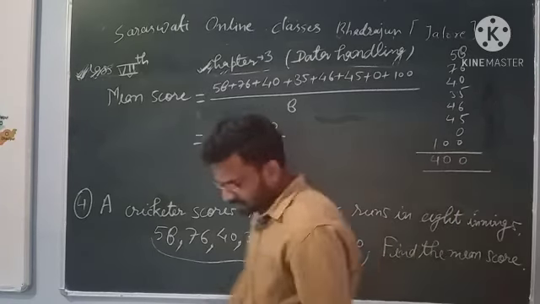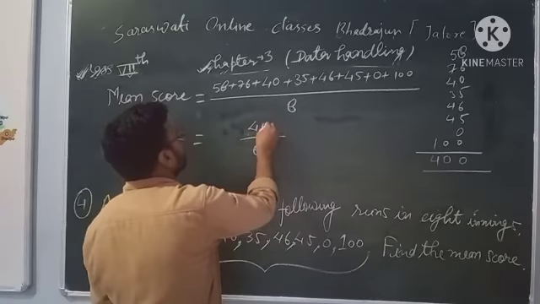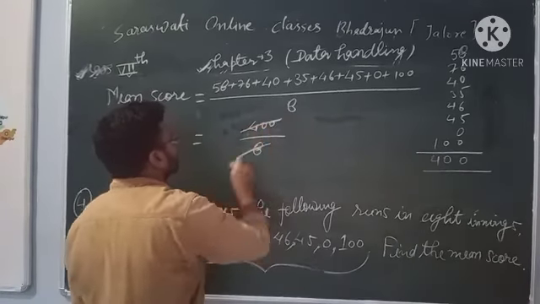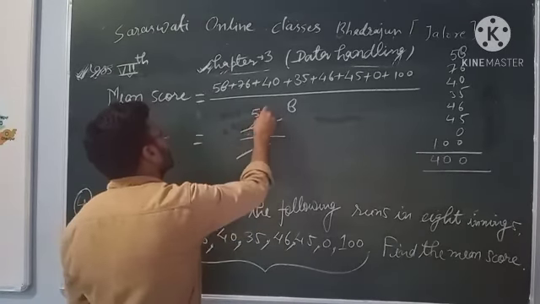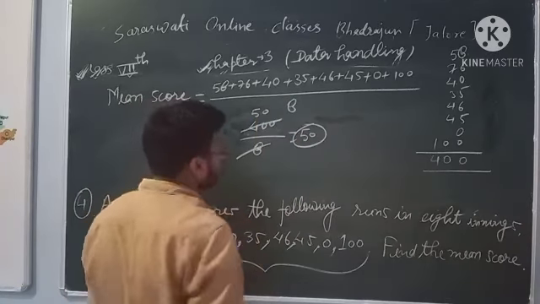Our addition is 400 instead of 320. Now 8 fives are 40 and our answer is 50. The arithmetic mean or mean score is 50.